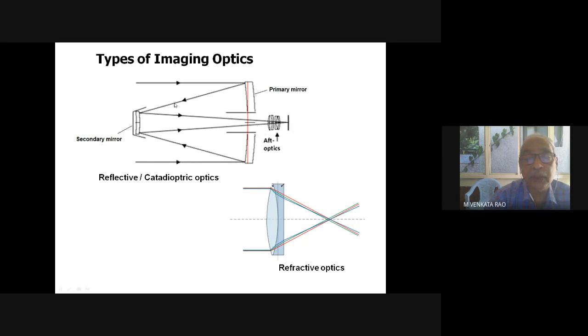Because the basic reflective systems have some limitations and some corrections to be done, we also put some refractive lenses near the focal plane to further improve the image quality, like distortion and those things. So this is called a reflective system. Most of the panchromatic cameras go for reflective systems, and multispectral cameras go for refractive systems.